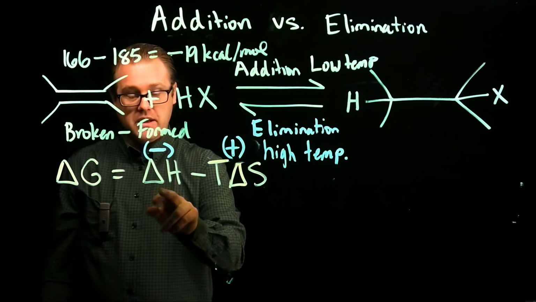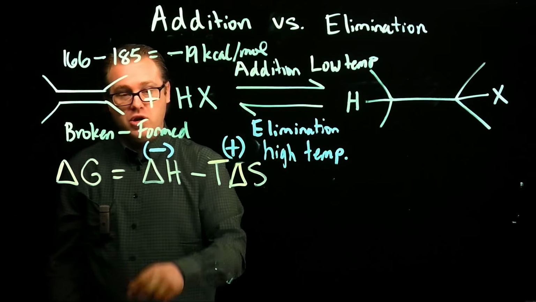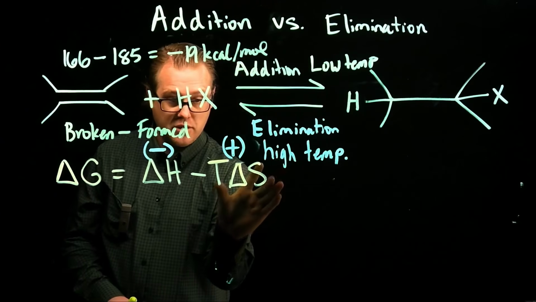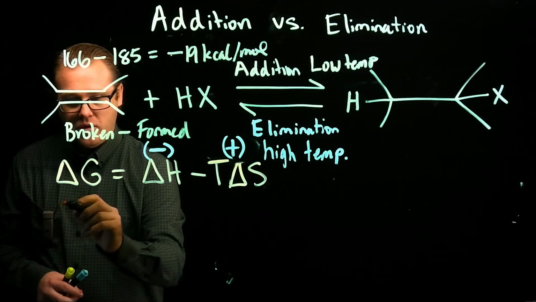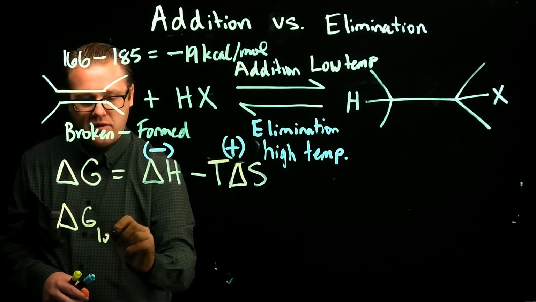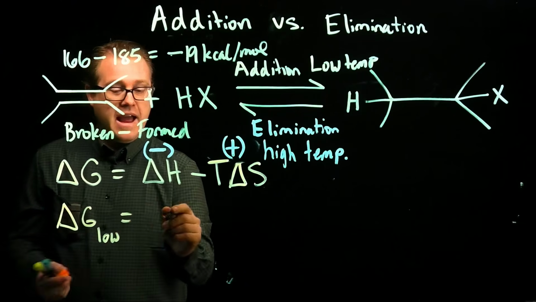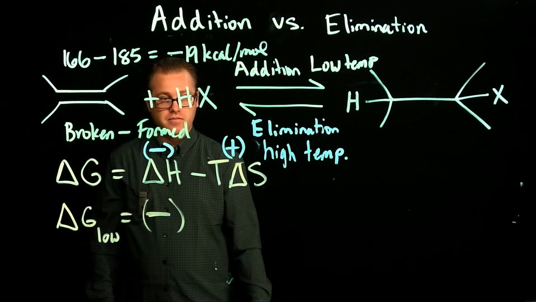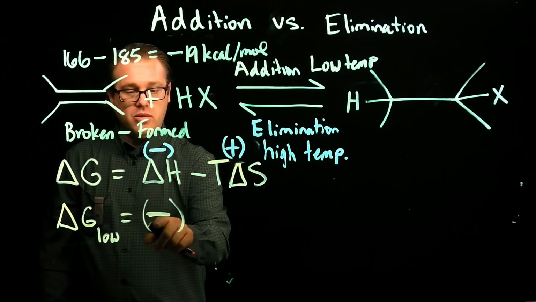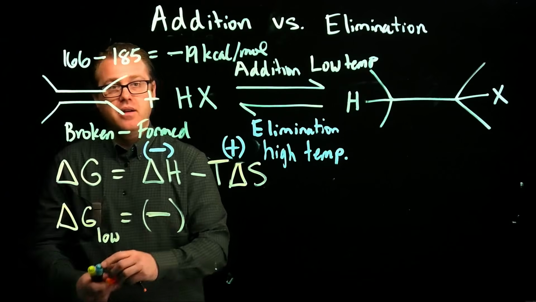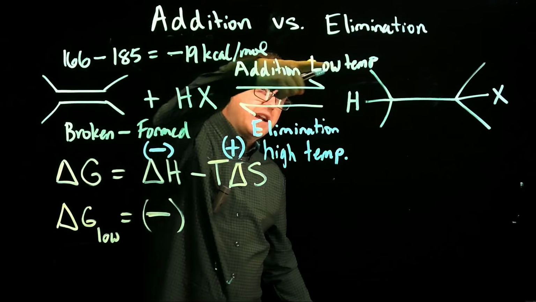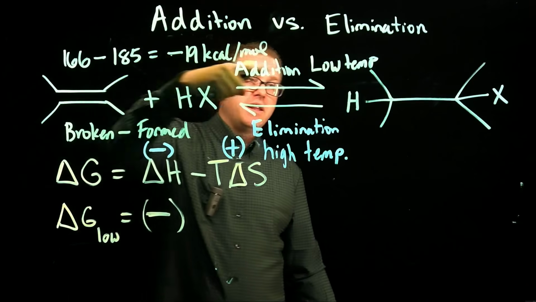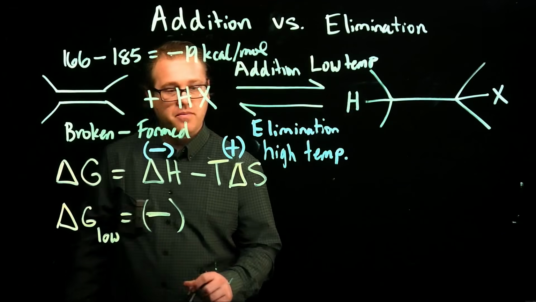So the enthalpy term is going to win out because this term is so small at a low temperature. So at a low temperature, we are going to have a negative delta G. And what does that negative delta G say? The forward reaction is favorable. So at low temperatures, the addition reaction is favorable.